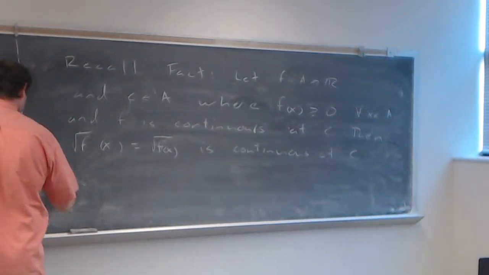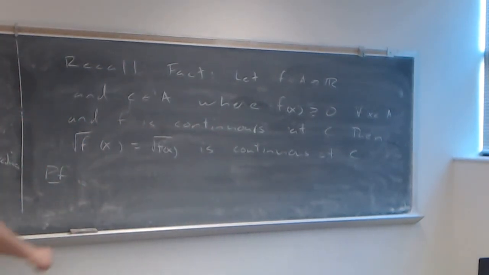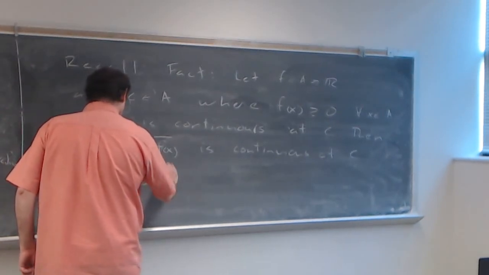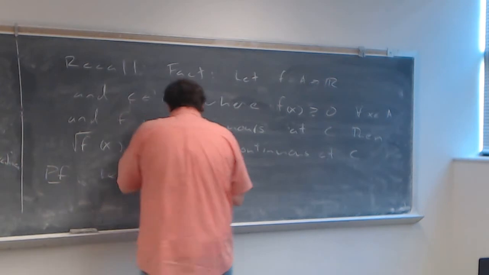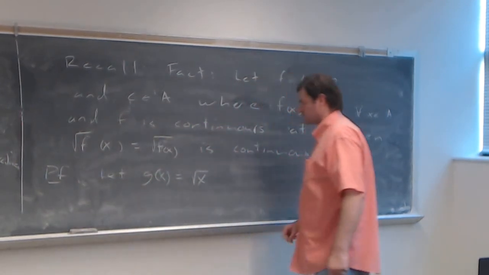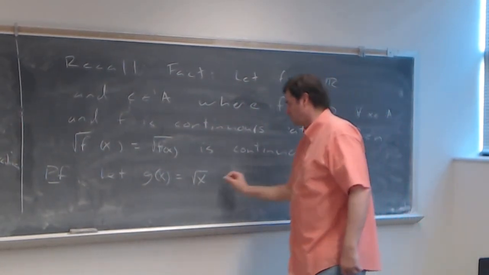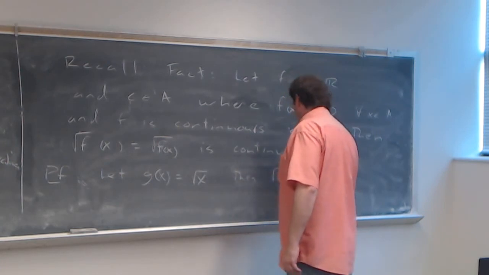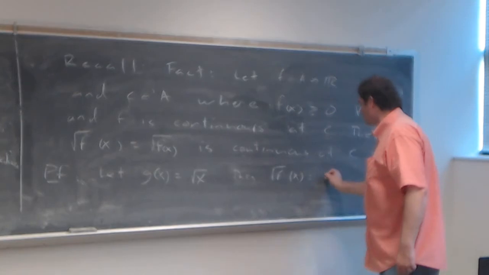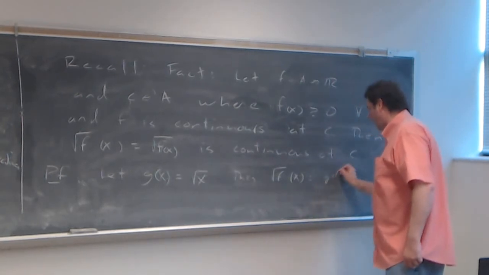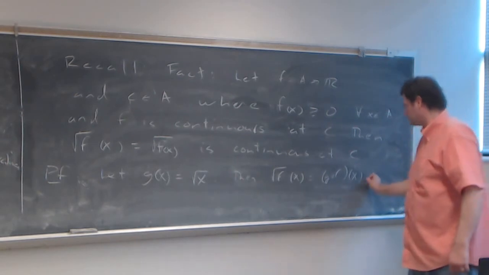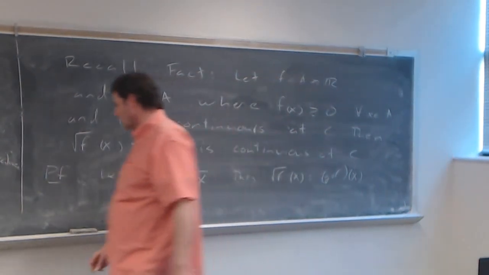Proof. Let g of x be defined by the square root of x. Then the square root of f acting on x is really g of f acting on x.